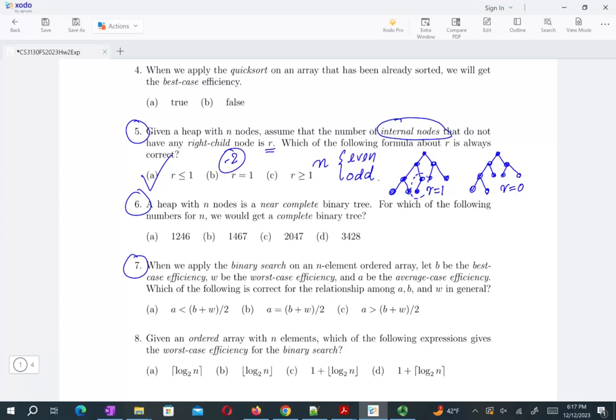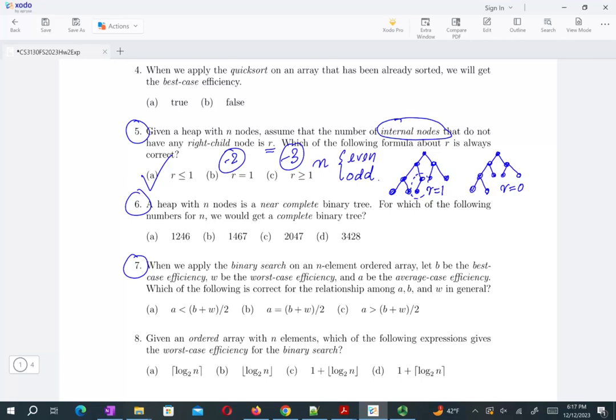But C, greater or equal to 1, is worse than B, right? Also, you can treat it as partially correct, but worse than B. So I will take away 3 points. All right? So that's question number 5.